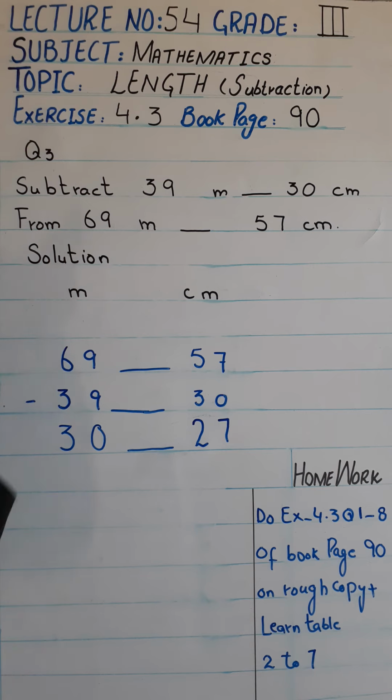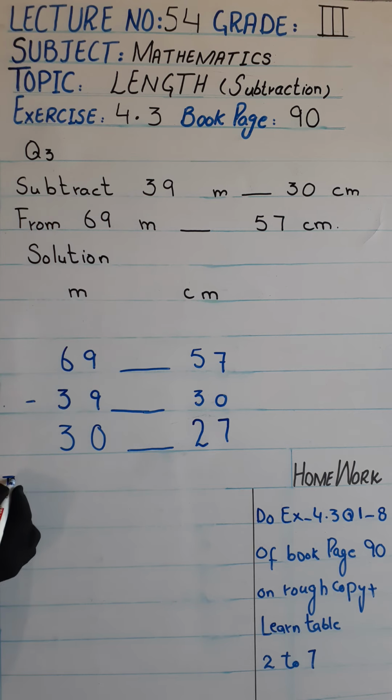When the question is given in horizontal order, you must write a statement at the end of the question. What is the answer of subtraction called, students? Yes, the answer of subtraction is called difference.